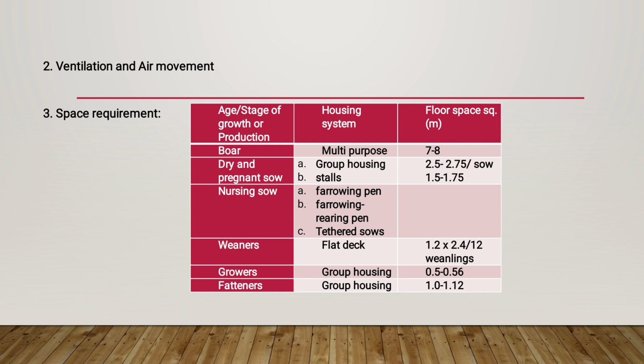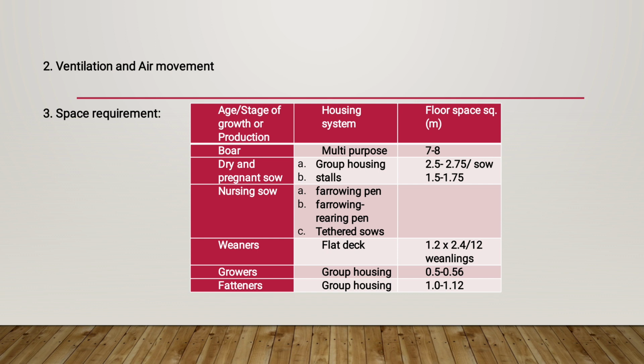Then, pinapalitan nila yun ng fresh air. So, yun yung tulong ng exhaust fan dun sa mga tunnel ventilated type of housing natin. And then, mas na-maintain yung requirement o yung temperature requirement na kailangan sa loob ng housing.